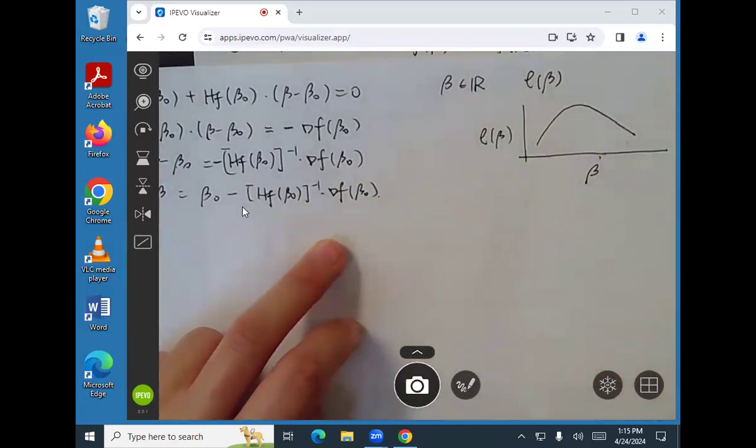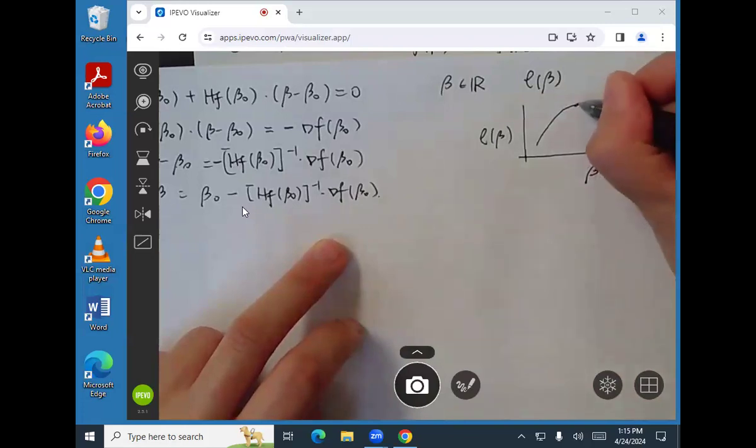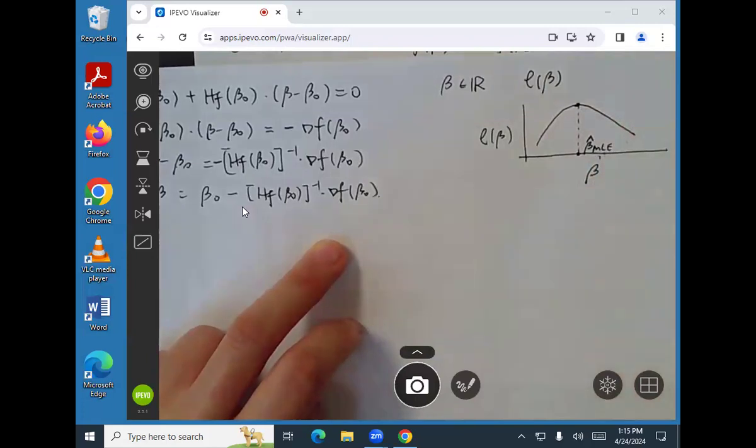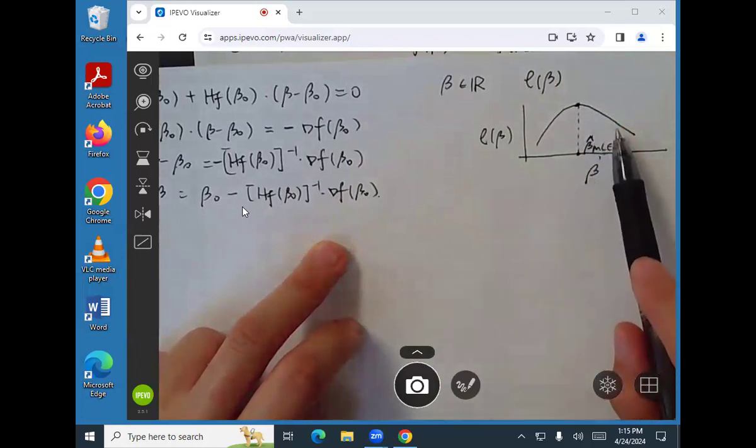Then where is the maximum likelihood estimator? It should be where the likelihood is maximized, and the corresponding beta value here is the beta hat MLE. We find the beta value to maximize the likelihood. So it's called maximum likelihood estimation.